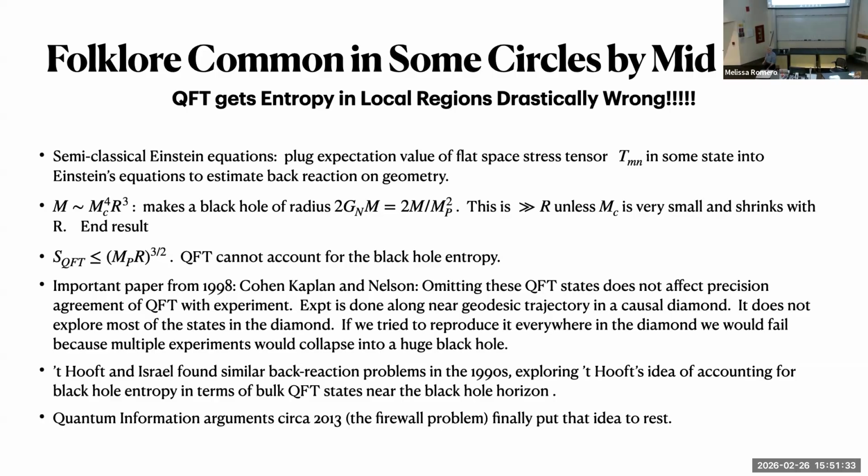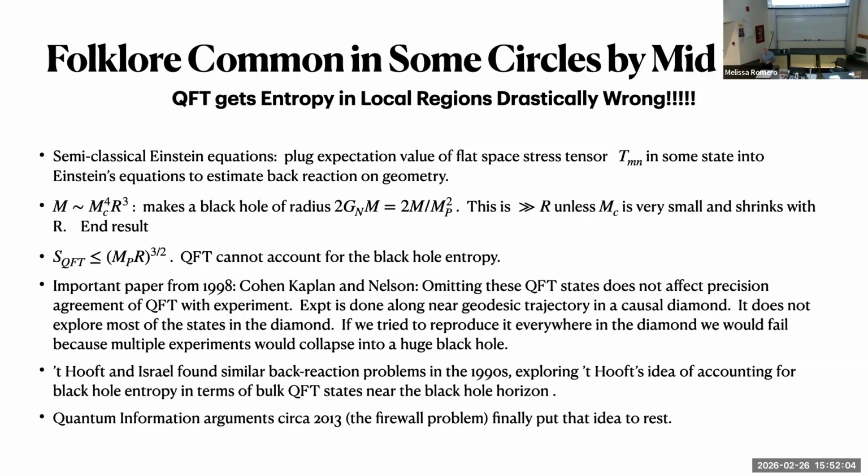Now, that experiment takes place for a certain period of proper time along the apparatus's trajectory. And during that proper time, in principle, you could have sent out signals and received them back from a very large region of space-time. We're going to call that region the causal diamond of the apparatus. We'll talk about that in a minute.